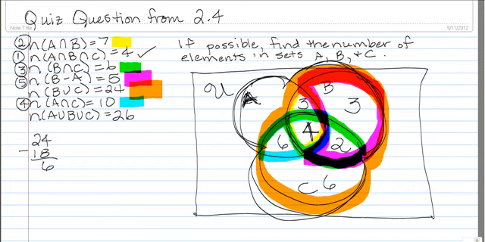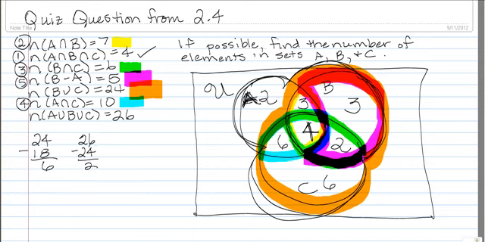If you'll notice, everything includes B union C, which is 3 plus 3 is 6, plus 4 is 10, plus 2 is 12, plus 12 more, 24. So 26 minus the 24 gives us 2 left over.